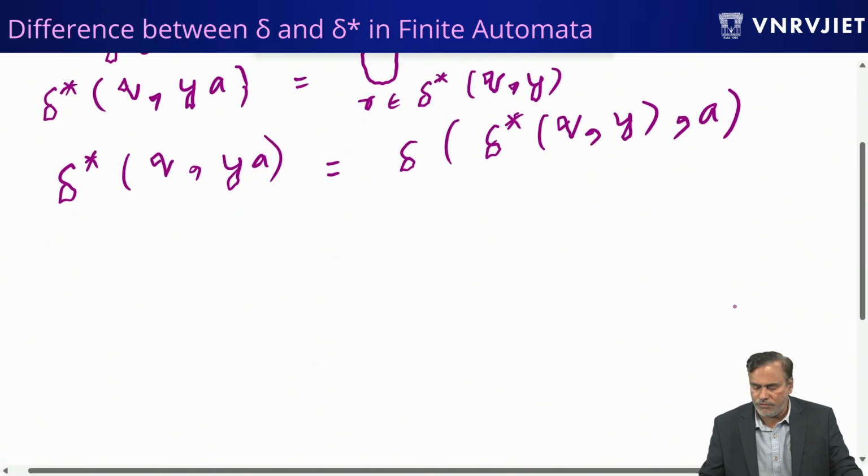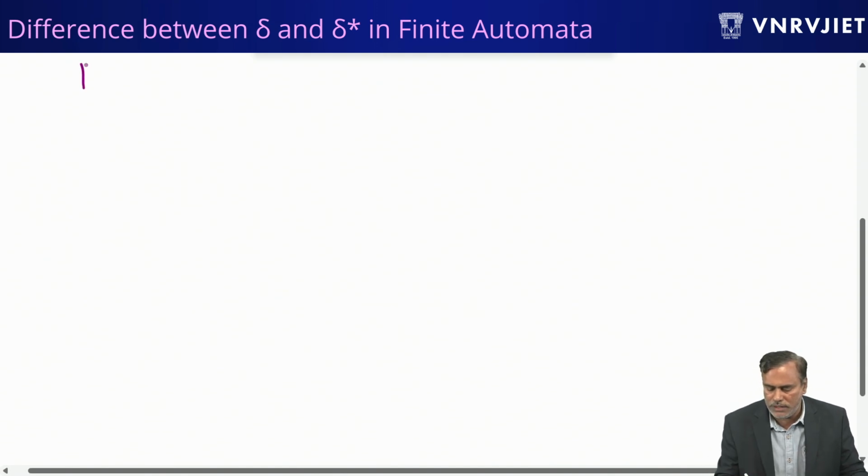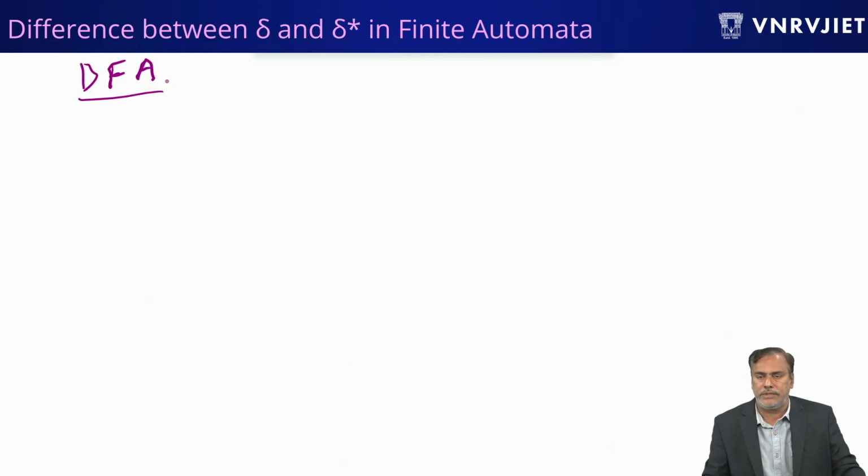In a similar fashion, now we are going to look at DFA. You know DFA stands for deterministic finite automata. The difference between delta and delta star with respect to DFA is as follows.